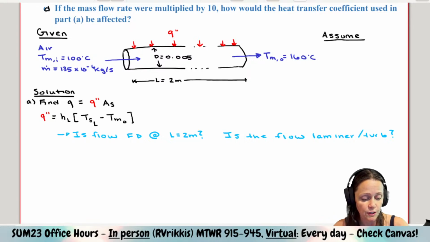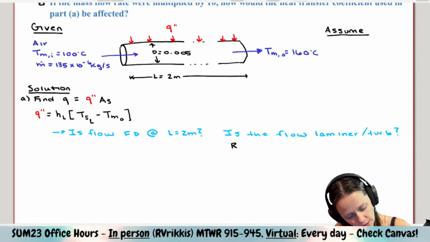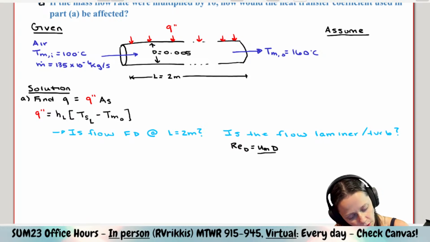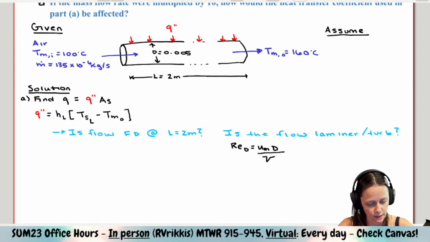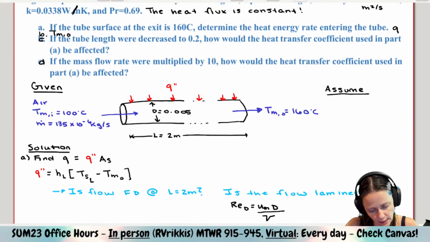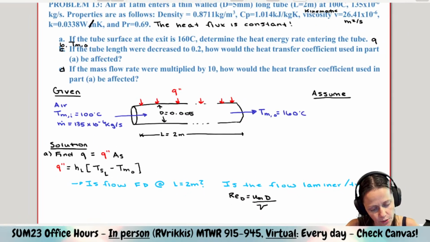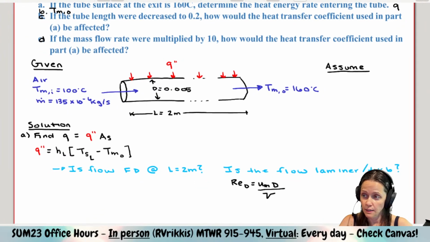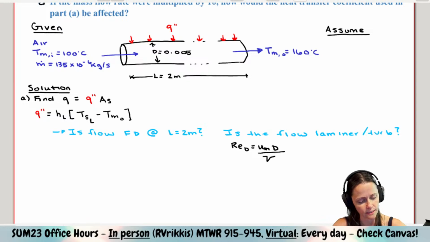All right, so I do need to figure out, is it laminar or turbulent? So let's calculate our Reynolds number. So this is going to be our U mean times our diameter over our kinematic viscosity. And let's see, what did they give us? They did not give us the velocity, they gave us the mass flow rate, which is definitely something that we're going to have to calculate.